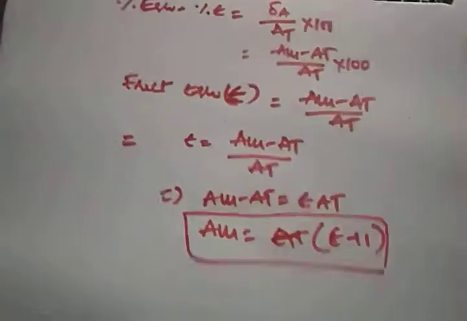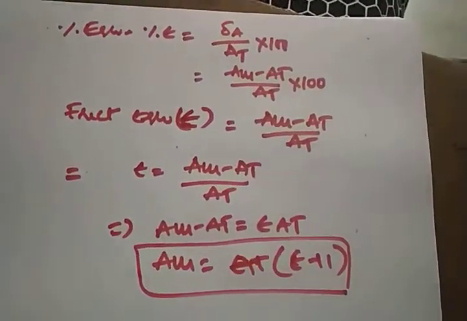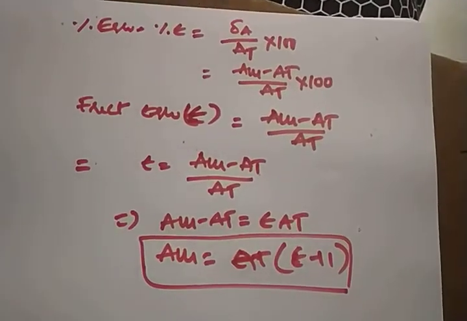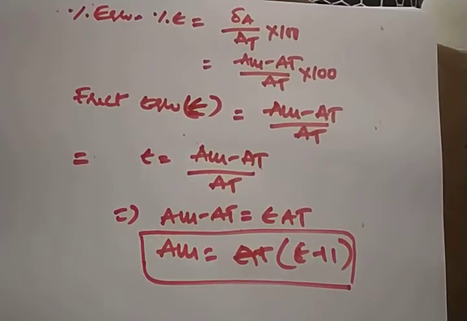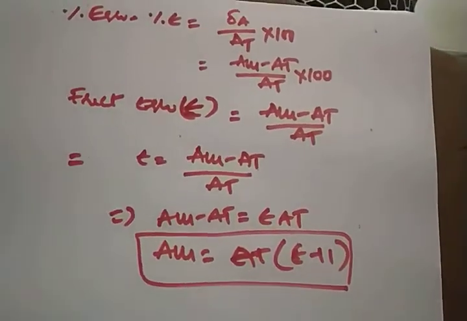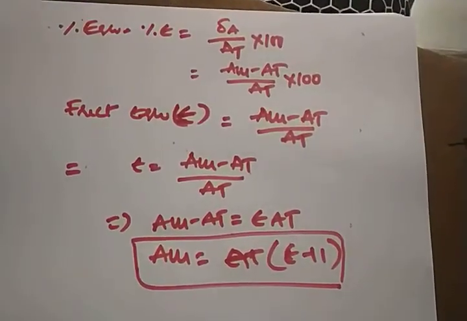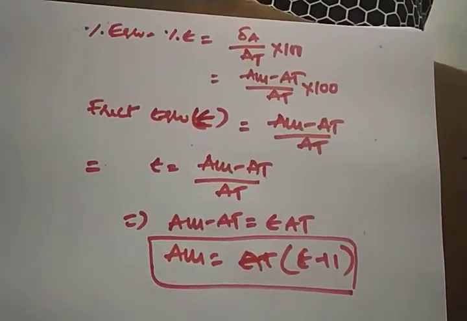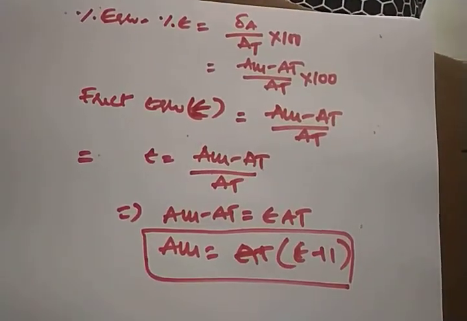So till now, what did we cover? What is an error? Error can be denoted by epsilon naught. It is the difference between the measured value and the true value. After that, percentage error is (AM minus AT) by AT into 100, denoted by percentage epsilon.